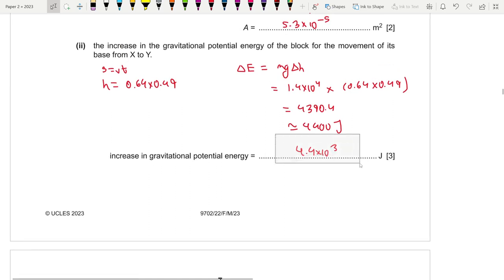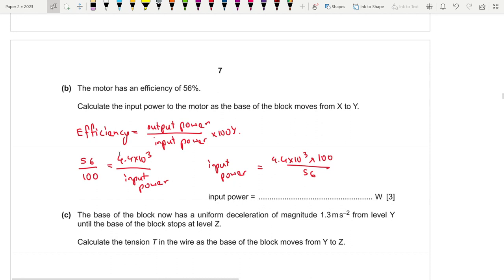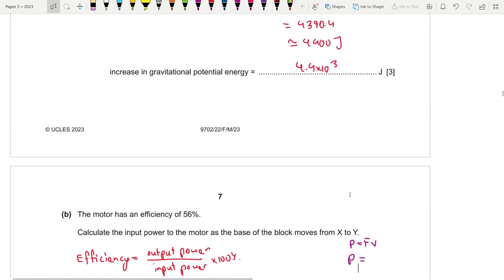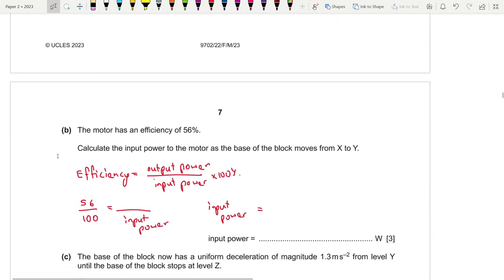Oh wait, this was the energy in joules, right? So basically I have to convert this value to watts, because it's in joules. So let's do that on the side over here. We know that P is equal to FV. This is one way of doing it. I'm going to show you two ways.